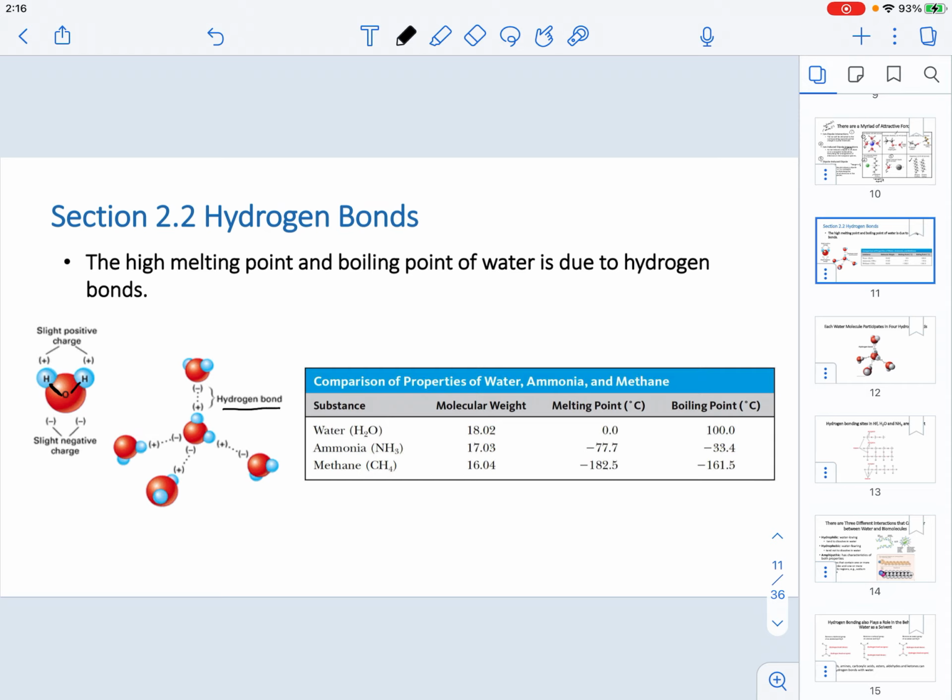Understand that the properties that we see of water have to do in part with these hydrogen bonding events that occur between water molecules.